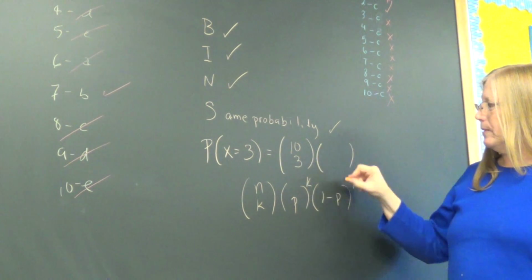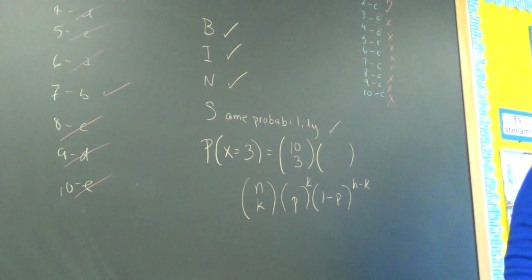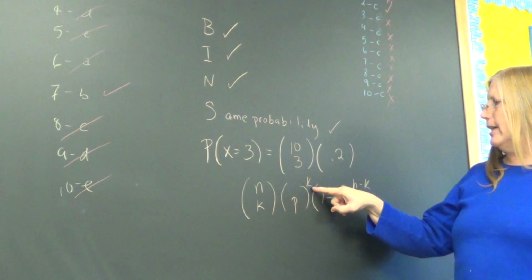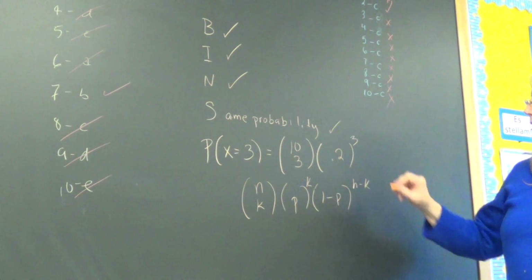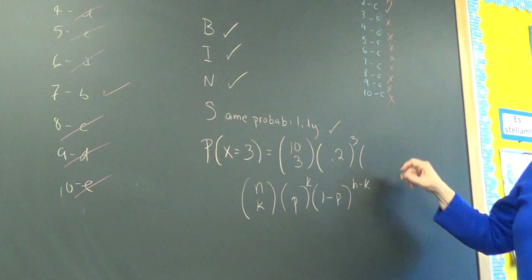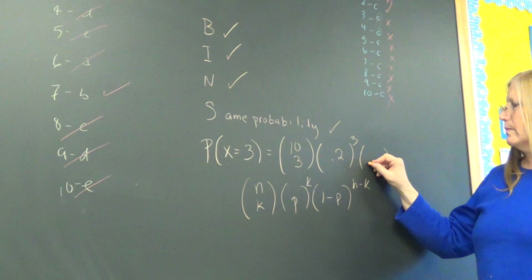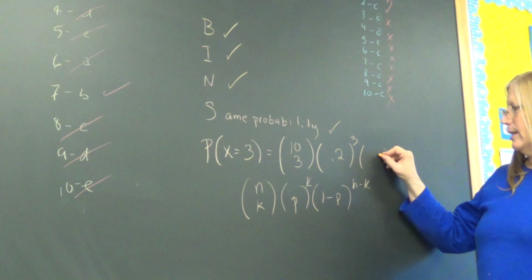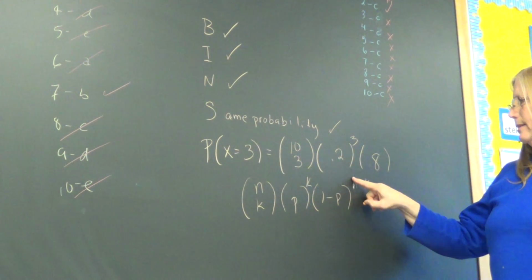All right, so what's the probability of getting one correct? That's 0.2, and we're going to raise that to K, which is 3. And then MK, what do I put as 1 minus P? 1 minus 0.2, which is 0.8.